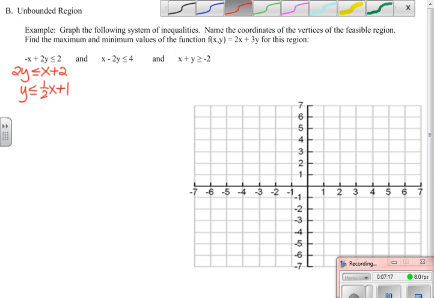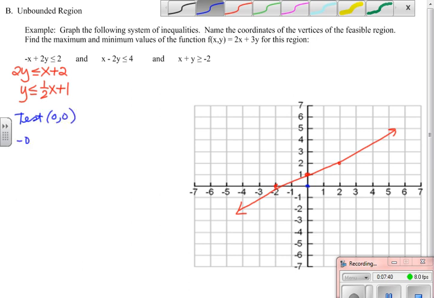That should be getting to be a very simple standard procedure for us to go ahead and graph very easily. And this is less than or equal to, so I have a solid line. I'm going to use 0, 0 as my test point.